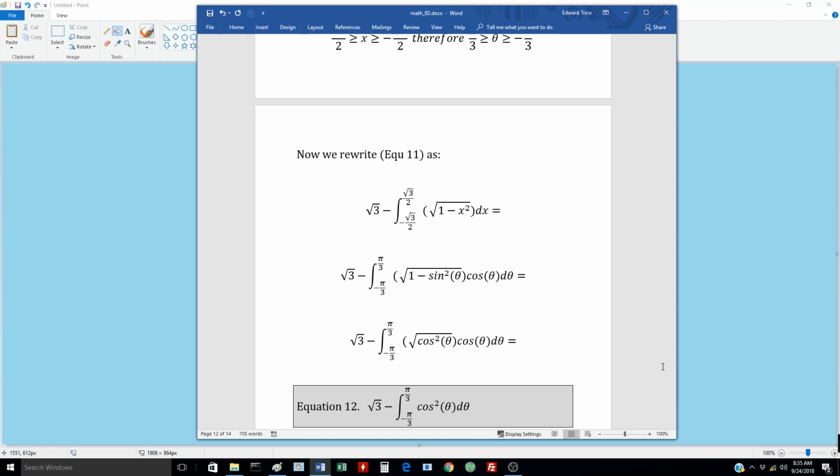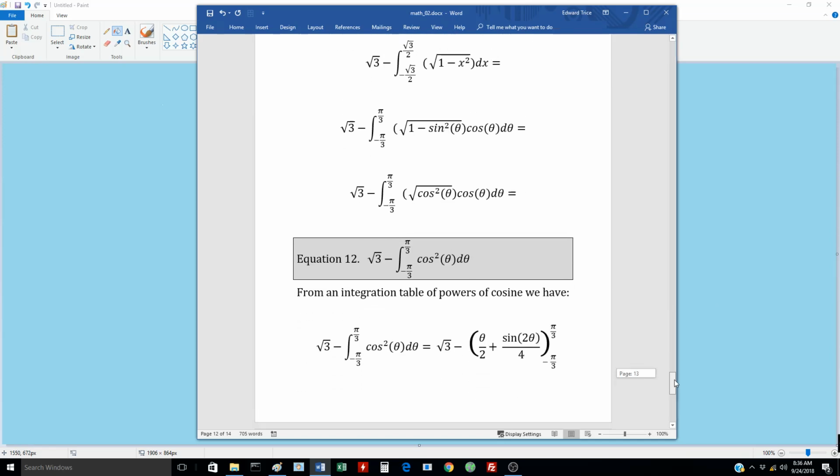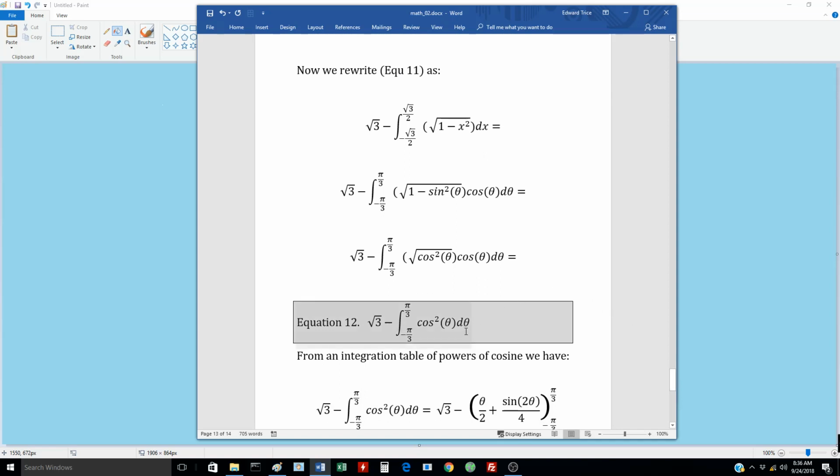Fortunately, 1 minus the sine squared of theta is the cosine squared of theta. And the square root of cosine squared of theta, of course, is just cosine theta. But we have a cosine theta on the outside of cosine theta again. And that's just cosine squared theta all over again.